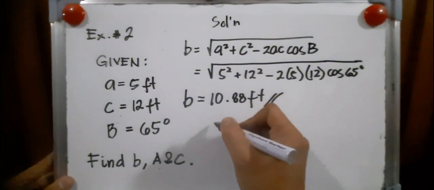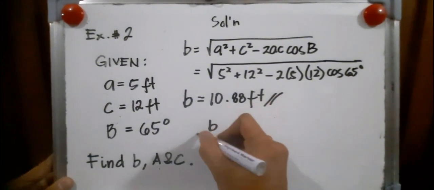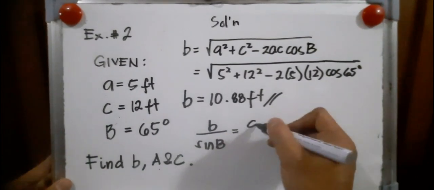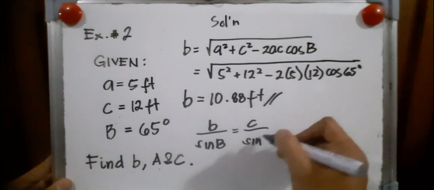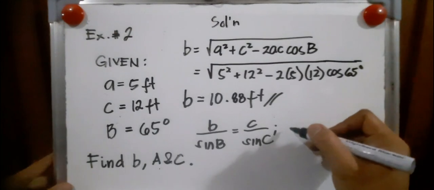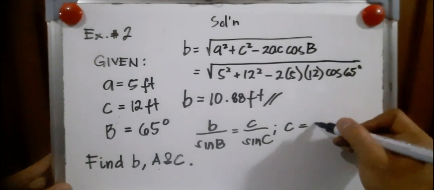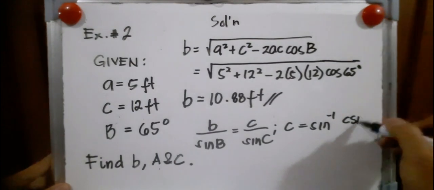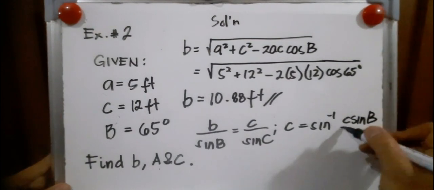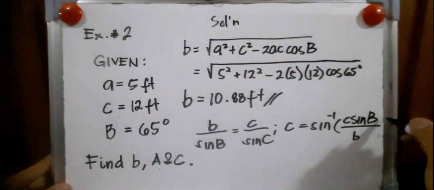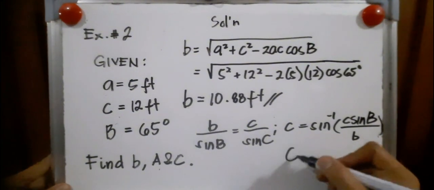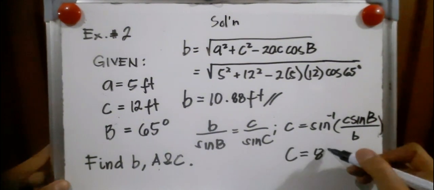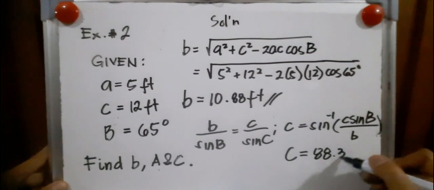Now that we have side b, we may use sine law. b over sine of B is equal to c over sine of C. From here, we have C equal to sine inverse of c sine of B over b. Okay? And in here, we'll be obtaining angle C equal to 88.39 degrees.